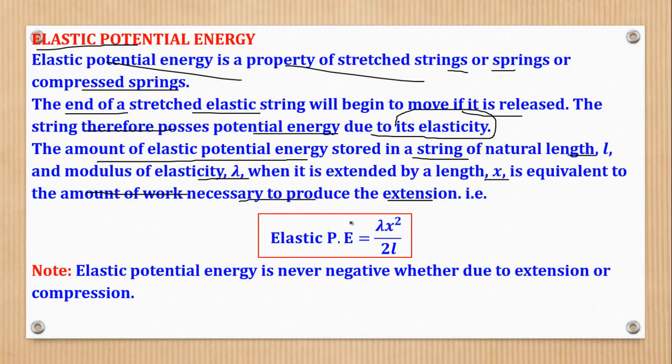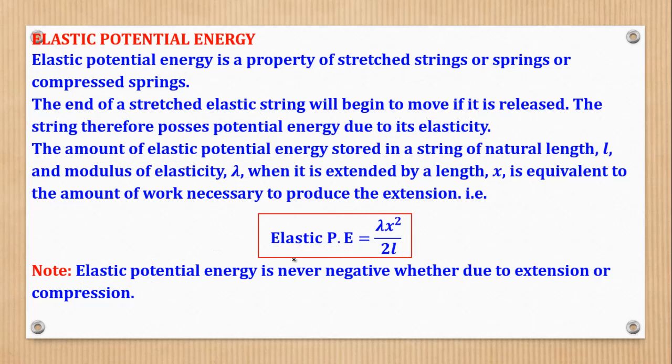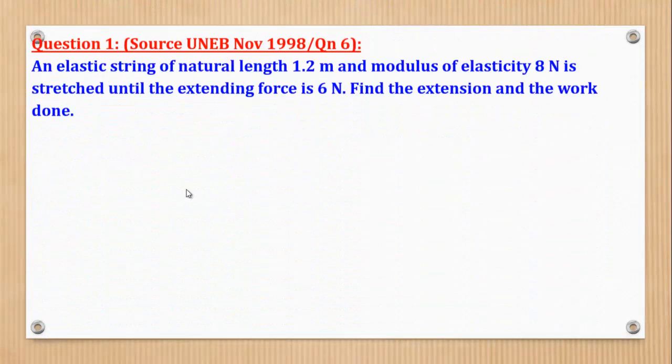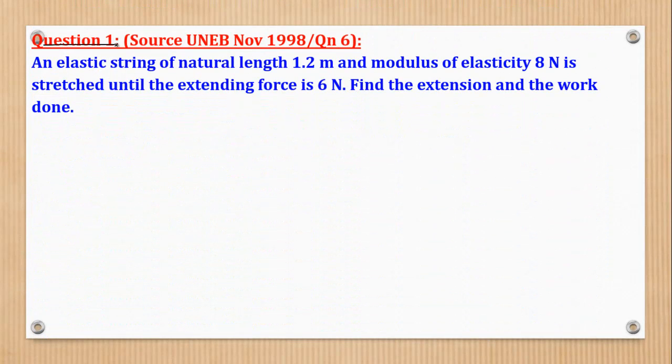For math, we need to only quote the formula. So elastic potential energy is lambda x squared over 2L, and it is never negative. So now we shall use that formula to see how to answer these questions.